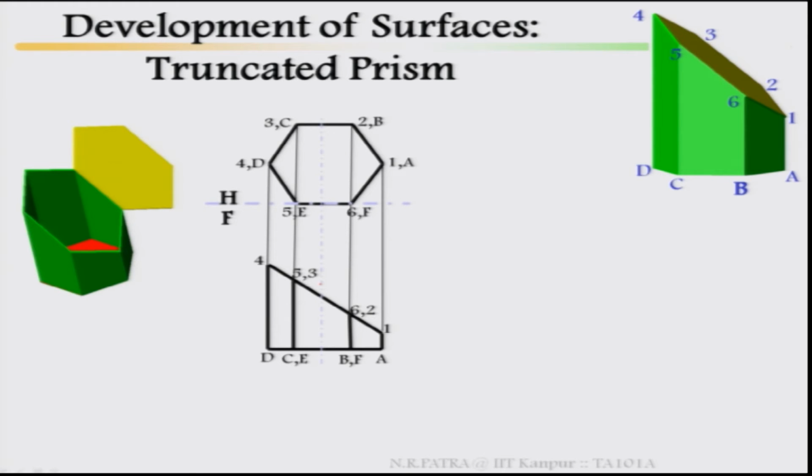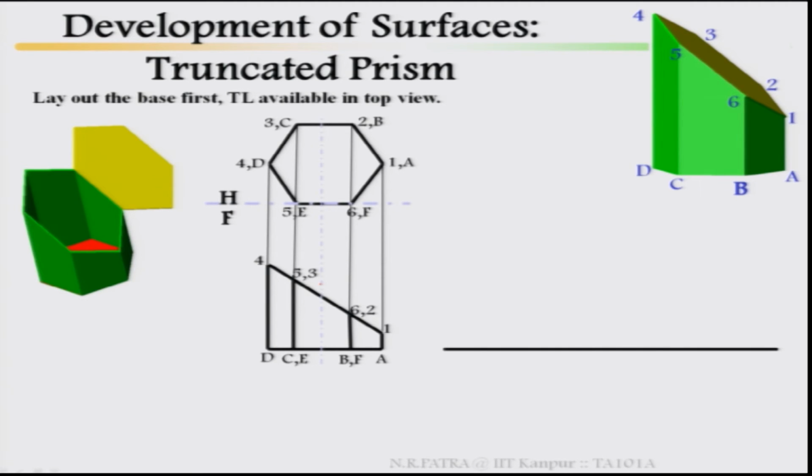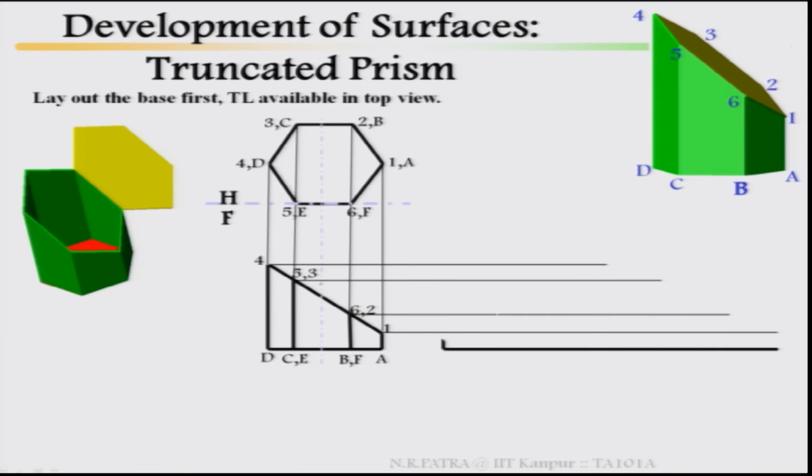If I open it, how does it look? Then lay out the base first, true length is available in the top view, definitely available in the top view. So, this will be in true length, this will be in true length, then lay it down considering point 1, then point 2, 6, lay it down, 3, 5 lay it down, 4 lay it down, then project it back one by one, whatever you are getting are your true lengths, 1, 2, 2, 3, 3, 4, 4, 5, 5, 6, 6, 1, it started with 1 and 1 will be there.